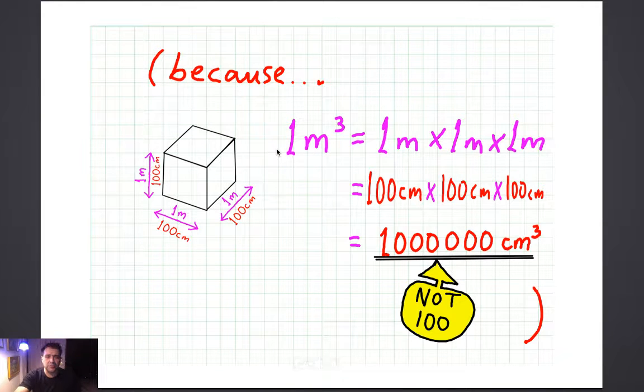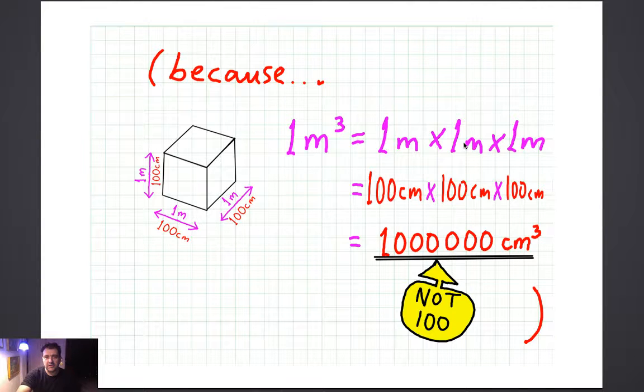And here's why. Because a metre cubed is a metre by a metre by a metre in 3 dimensions. It's 1 metre times 1 metre times 1 metre. And then if you convert all of those 1 metres into centimetres, then you can see that it's 100 centimetres one way, 100 centimetres another way, and 100 centimetres in the 3rd dimension.